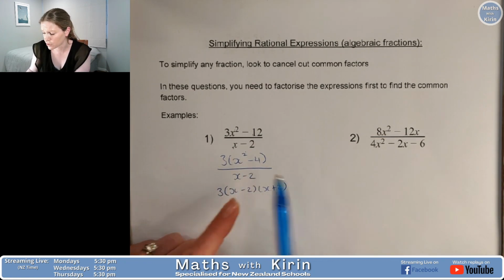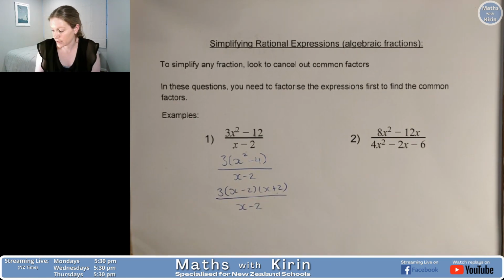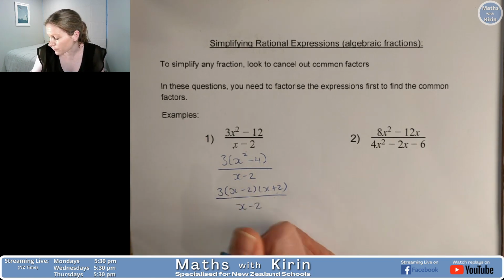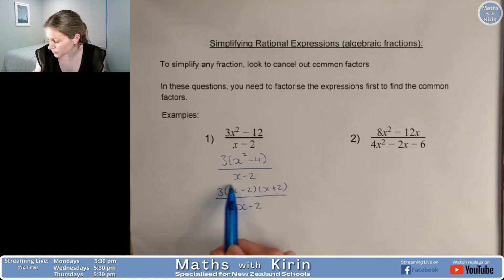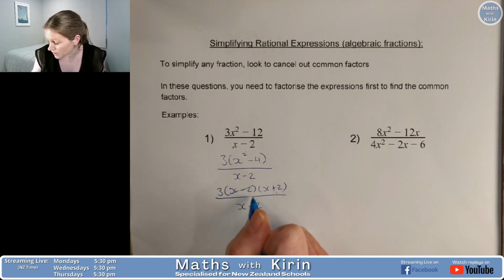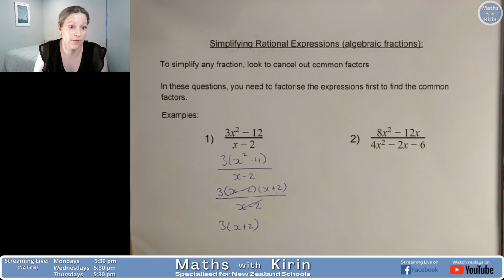Multiply to give you negative 4, add to give you 0, and that's all over x minus 2. From here, you'll see we've got x minus 2 as a factor at the top and x minus 2 as a factor at the bottom. So they cancel, and we are just left with 3 times x plus 2, and we don't even have a fraction anymore. You don't need to expand that out. That's fine as it is, unless the question specifically asks you to.